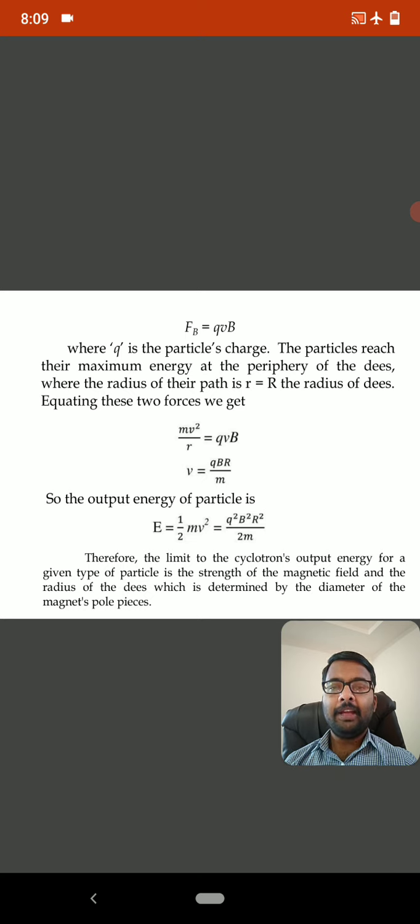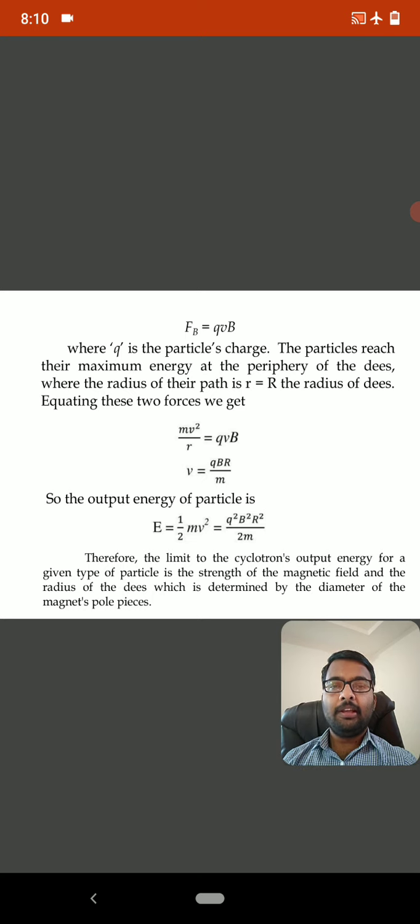So at last we can say that the maximum energy we can extract of the charged particle from the cyclotron accelerator is dependent on the strength of the magnetic field as well as the radius of the accelerating chamber, that is the Ds, but it is independent of the accelerating voltage.